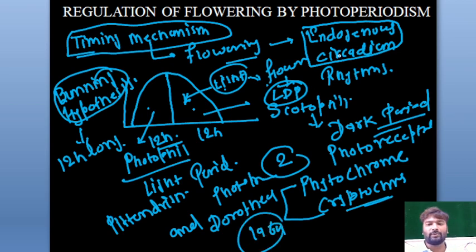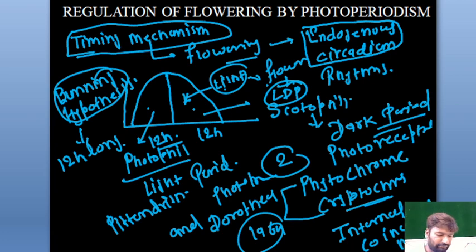That photoperiodism is regulated by the endogenous circadian clock, or this is known as the internal coincidence model. It means the circadian clock resets the photophase and scotophase.